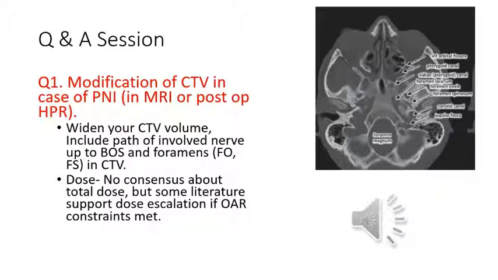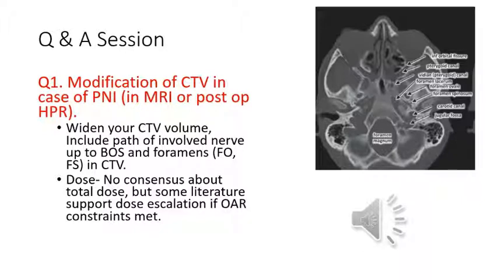Yes, ma'am. So that means whenever we see PNI in the post-op report, we should track the involved nerve up to the base of skull, especially up to the foramen ovale and spinosum. And whether you also give some differential dose to that, if PNI is involved, you give a little higher dose to that CTV?